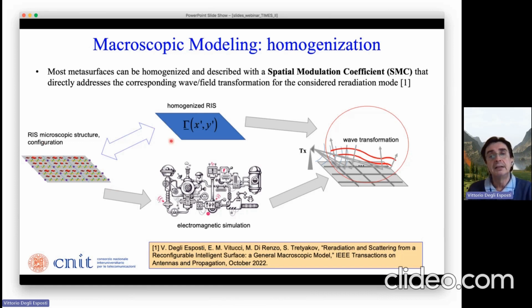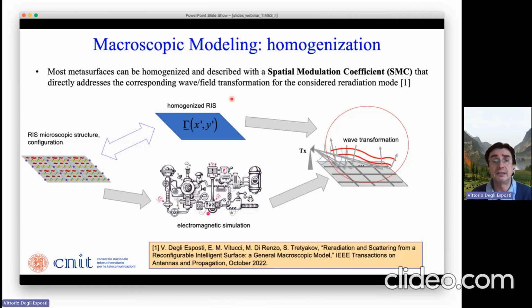And therefore, you know, simulation starting from the SMC is more efficient. Otherwise, one needs to start from the microscopic structure, the particular configuration, carry out a complex electromagnetic simulation, and then calculate the field transformation.